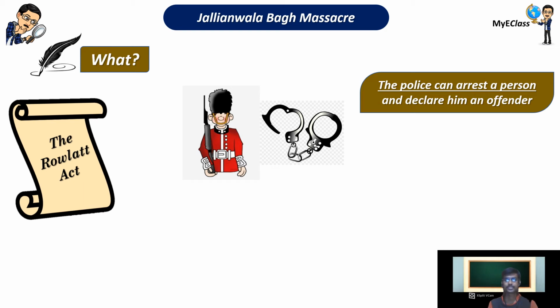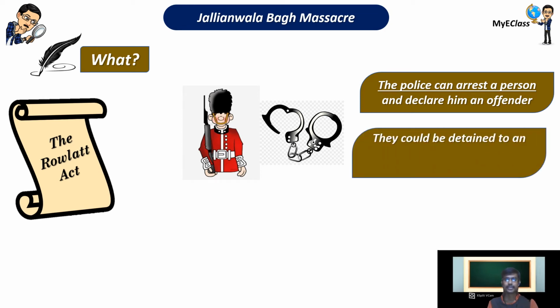So this made the police during the British period powerful in arresting any person out of suspicion, and through this law they could even detain any person for an indefinite period of time in the cells without producing that particular person before the court.